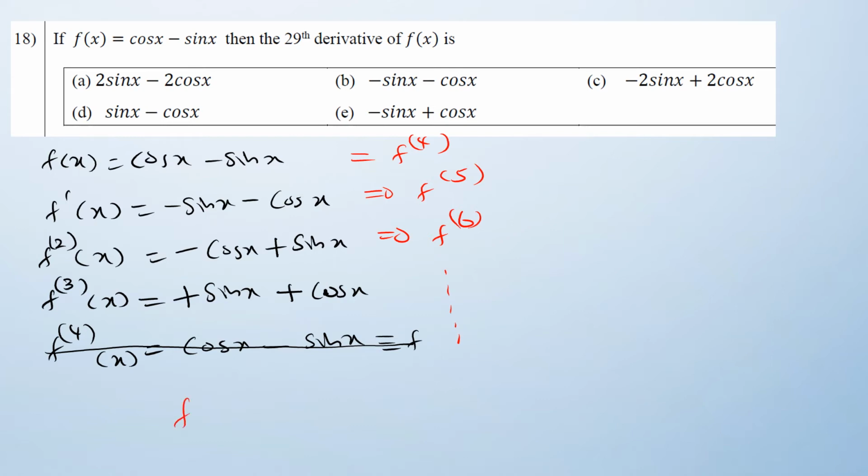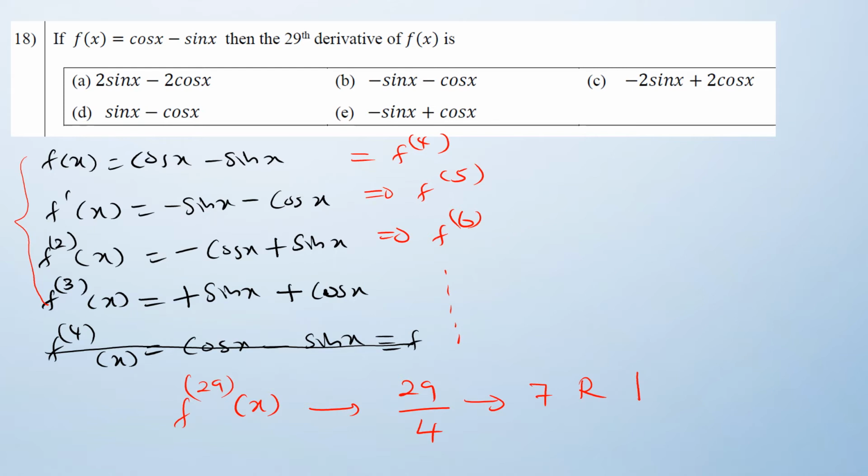Since we have to consider the 29th derivative of f(x), we have 4 types. Then 29 divided by 4 is 7 with remainder 1.